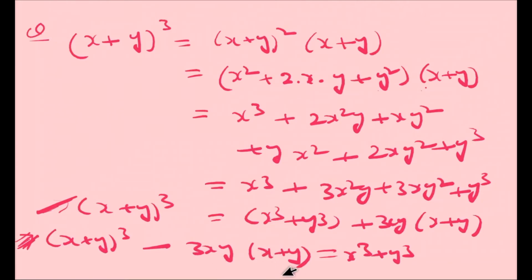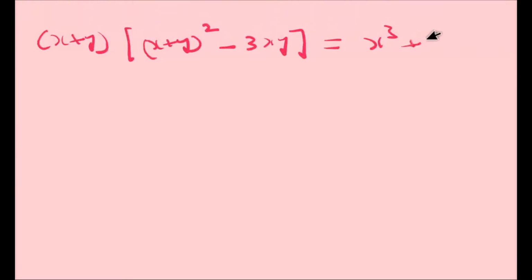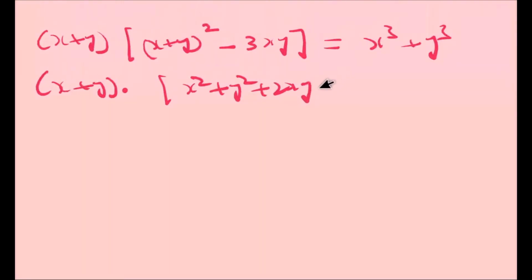Now in the further step we can use this, taking the common x plus y. What is left here? If we take the common x plus y, we will get x plus y whole square minus 3xy, and here we get x cube plus y cube. So now we look here, here is a prime factor. Now open this: x square plus y square plus 2xy, as I already told in the last board, so minus 3xy.